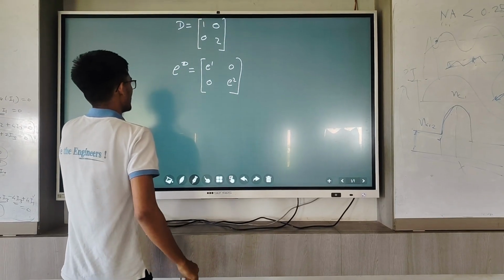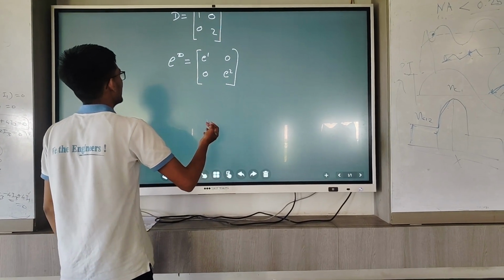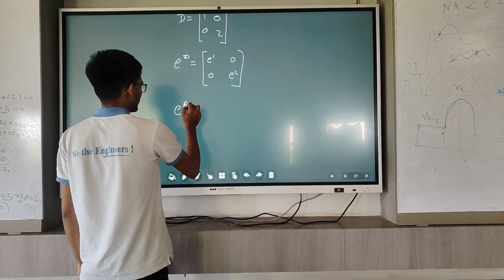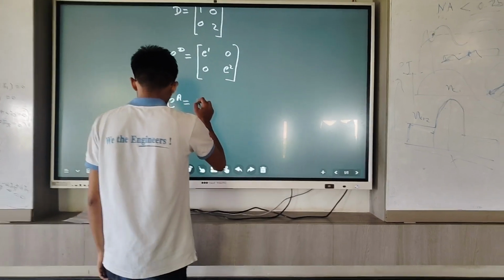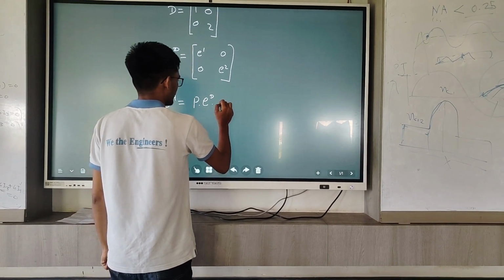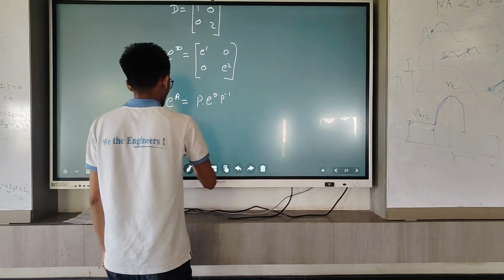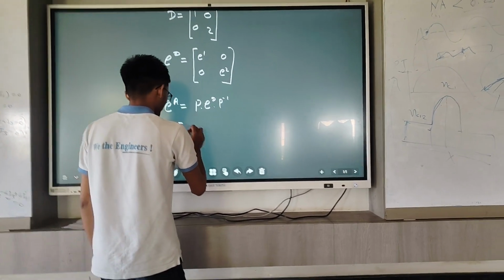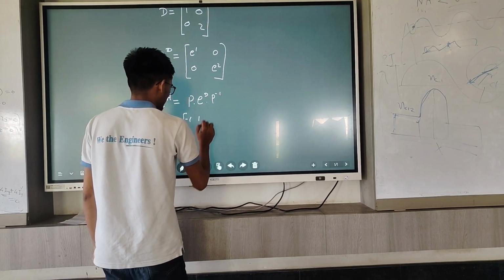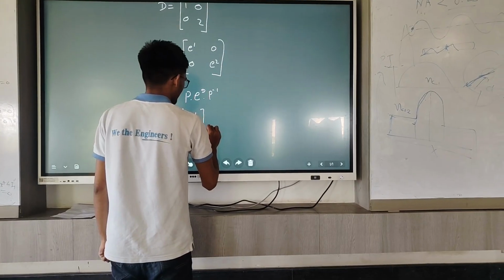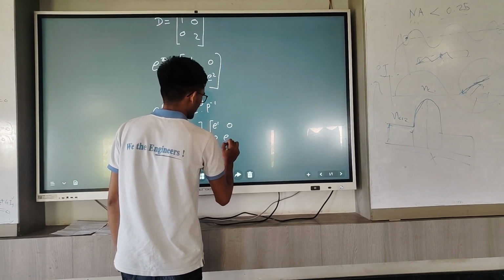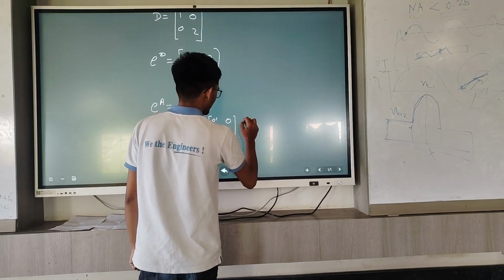Now we are putting all P, D and e raised to D and P inverse in e raised to A form. So we write P dot e raised to D into P inverse. So here we go. We write our P matrix minus 1 1 and e raised to D is e raised to 1 0 0, e raised to 2 and P inverse.